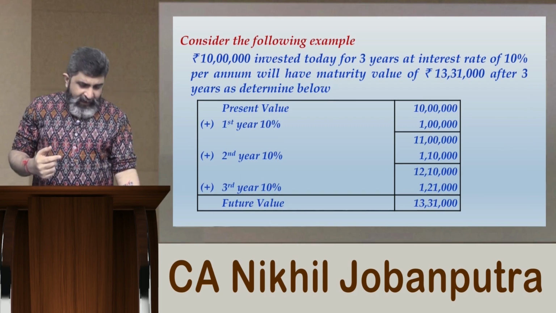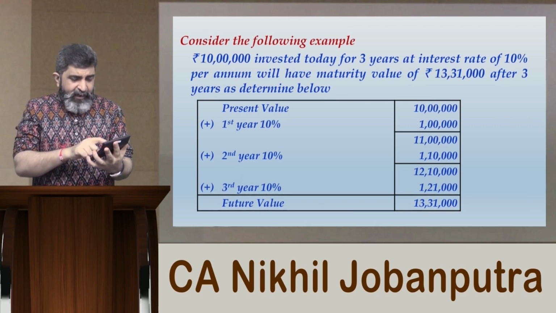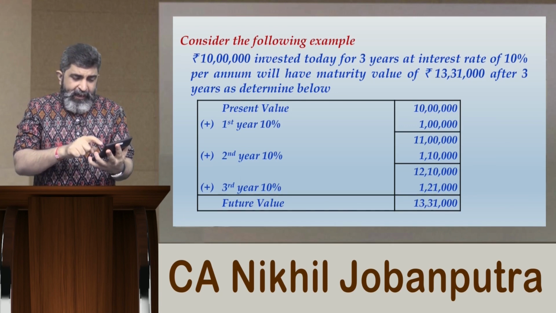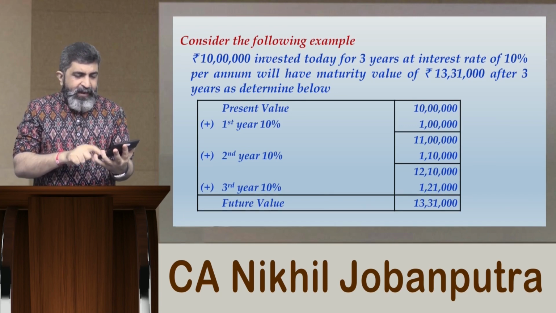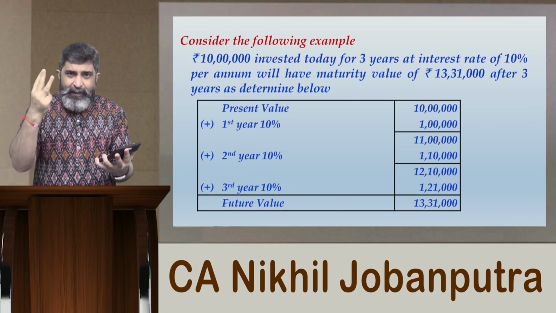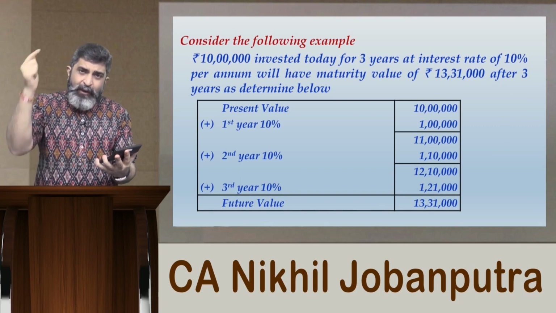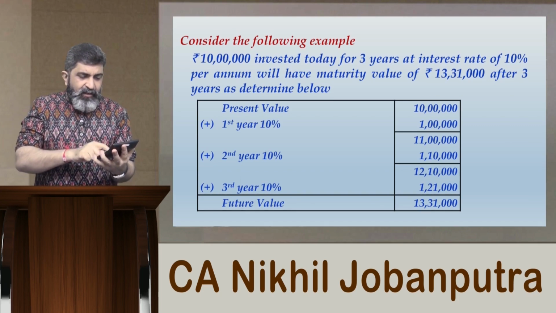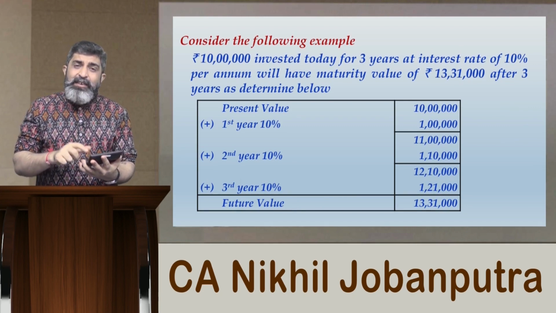So what I'll do is I'll pick my calculator over here. See, on my calculator I am taking 1.1 into 1.1 and again into 1.1. I'll be getting 1.1 raised to 3 times as 1.331, and this when I multiply to the present value of 10 lakhs, it will eventually give me the same thing, that is 13 lakh 31,000.